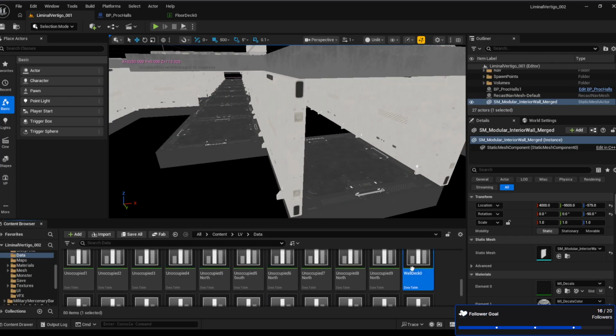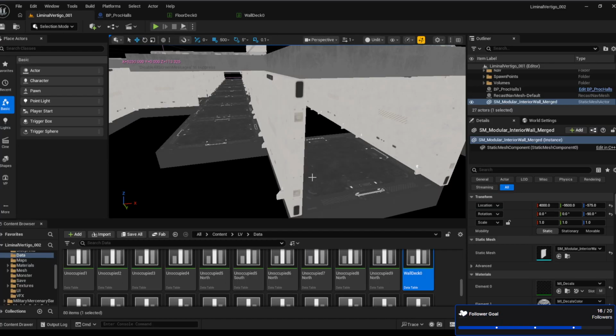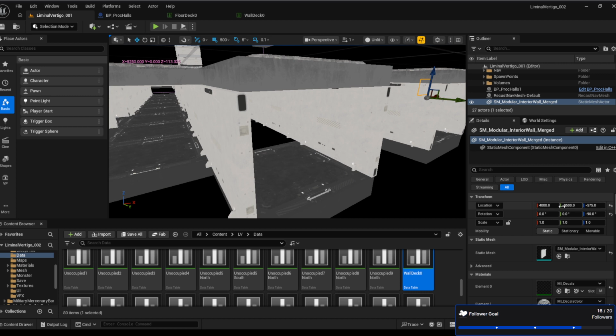Let me get the walls back. I need to find 0. No. They're negative 90s. Let me do it this way. Let me grab this wall.